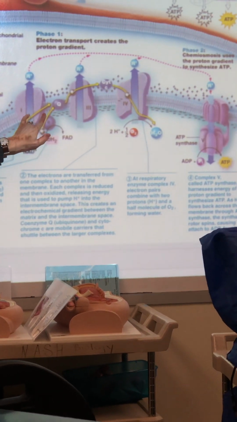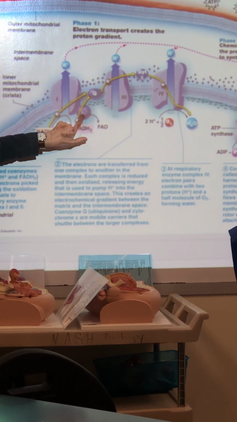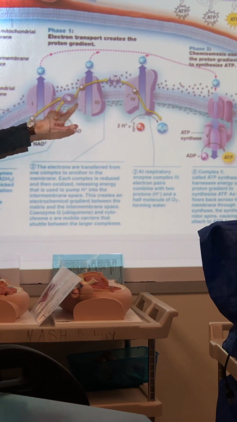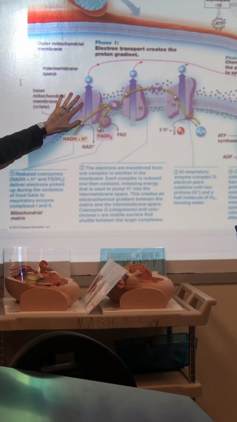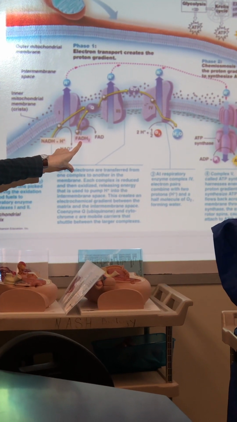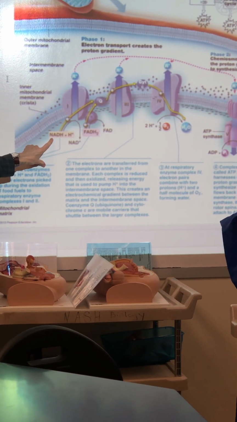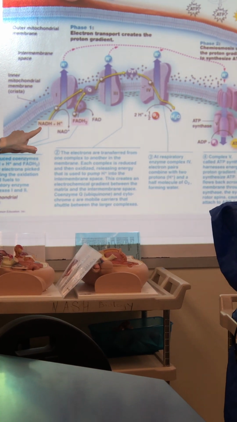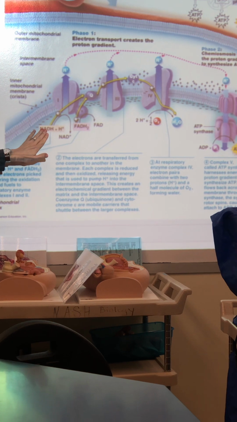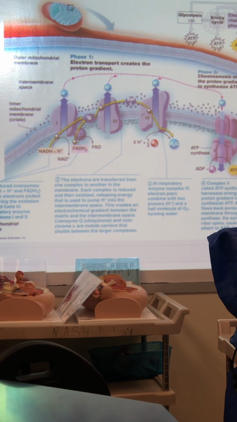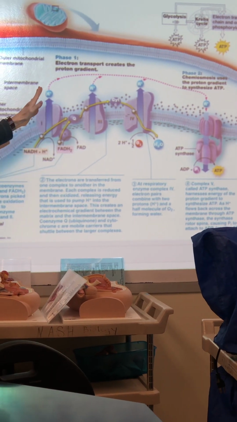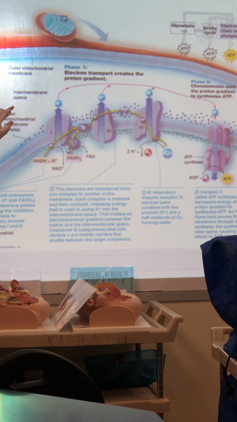And so those electrons are actually going to move from complex 2 to this Q, and then over to 3. So because we skip 1, that is the reason why FADH does not give us as much ATP produced versus NADH. So we're going to end up having more ATP produced for each molecule of NADH that we have versus each molecule of FADH. So that's why, because we're skipping that first electron being put into that intermembrane space.